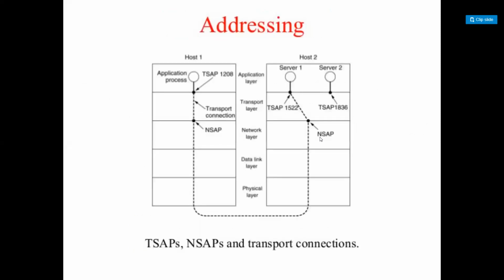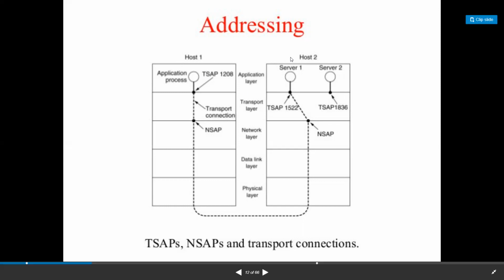The first element is addressing. Coming to addressing with respect to the transport layer, this is host 1 and host 2. These are the application layer, transport layer, network layer, data link layer, and physical layer.